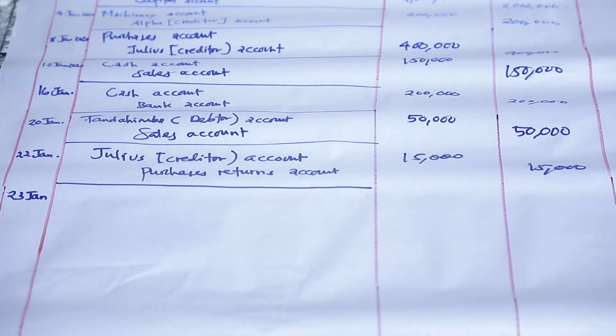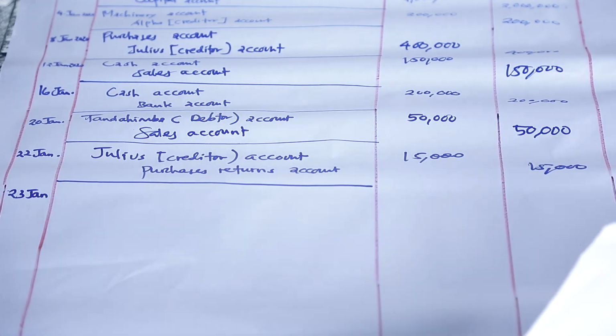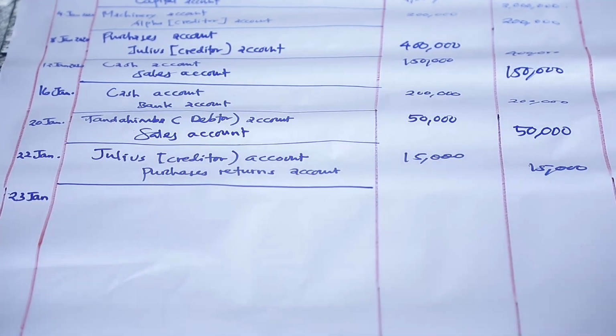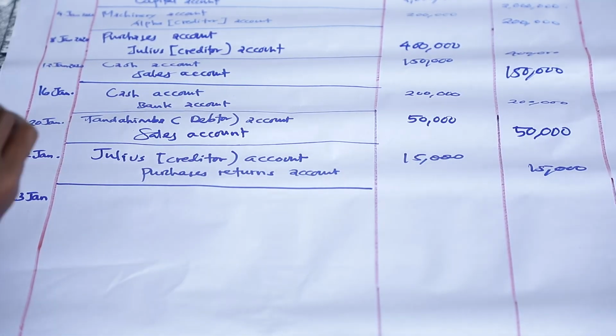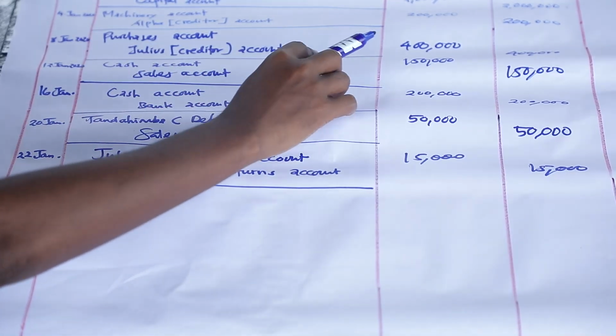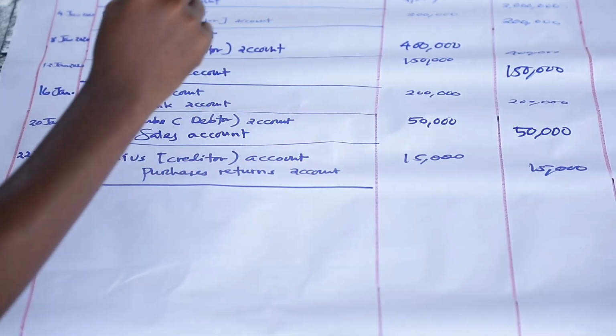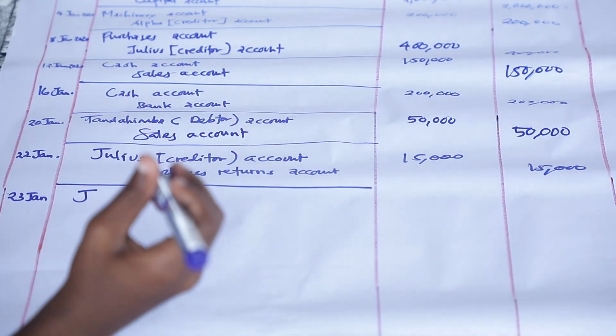By using a check, we'll have the bank account and not a check account, as most students write. We have the bank account and we'll have the Julius account. So when we paid Julius, it means that we have reduced the debt. So on 8th, we bought goods costing 400,000 on credit, and we returned goods costing 15,000.